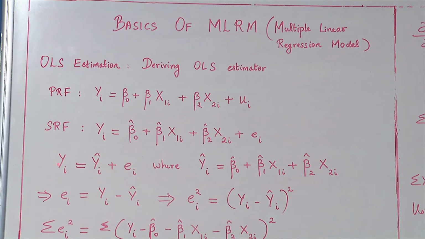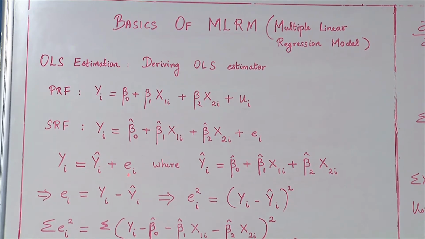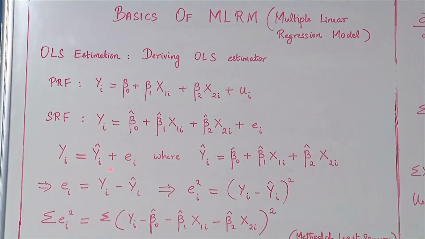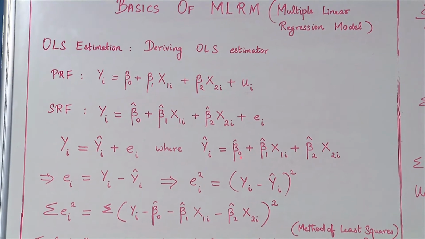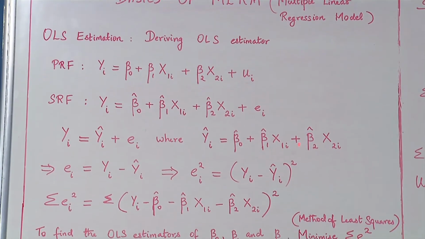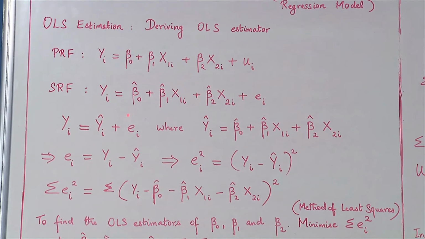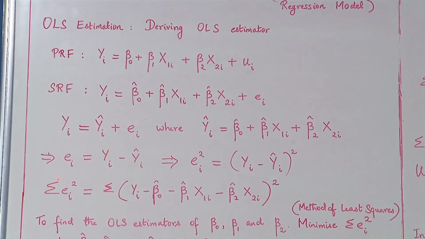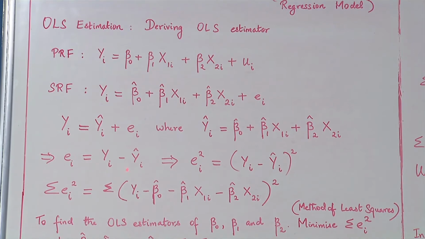As we already saw in the SLRM model, the relationship exists like this, that is yi is equal to yi hat plus ei, where yi hat is equal to beta naught hat plus beta 1 hat x1i plus beta 2 hat x2i. Keeping ei on one side, the second relationship is ei is equal to yi minus yi hat, and squaring both sides, we get ei square is equal to yi minus yi hat whole square.